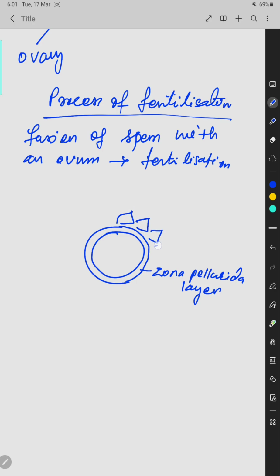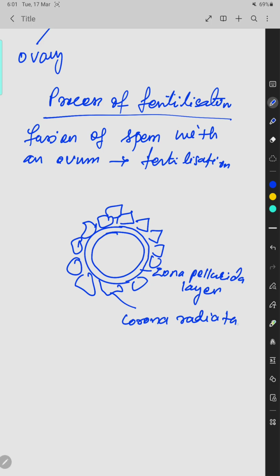Not always, but a few corona radiata cells are also surrounding it. So this is the corona radiata. Now as you know, the number of sperm that is inseminated is always larger, but the ovum released is only one.